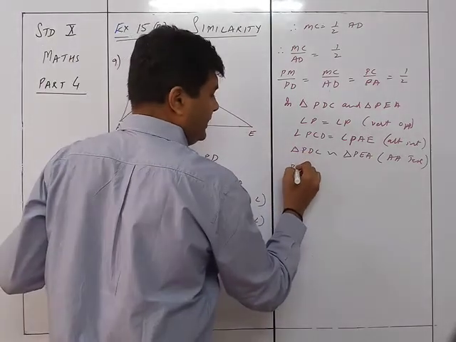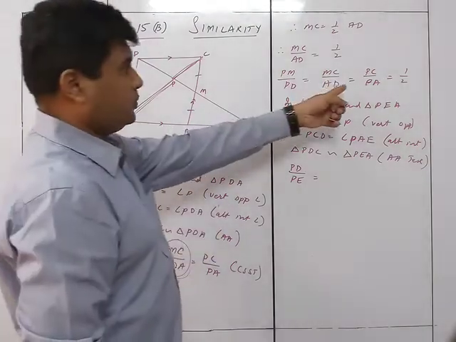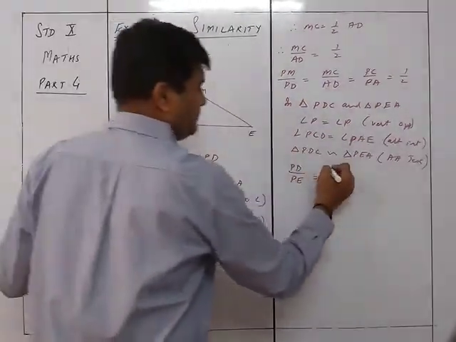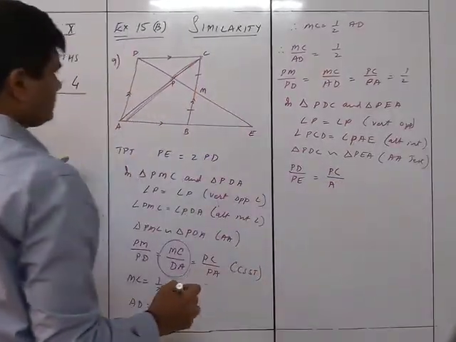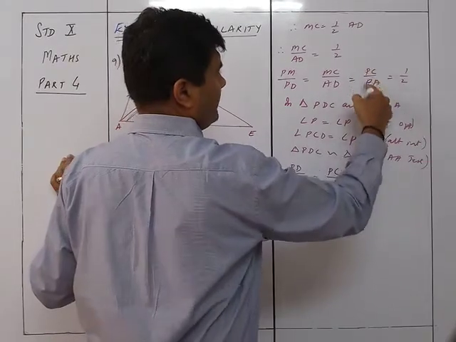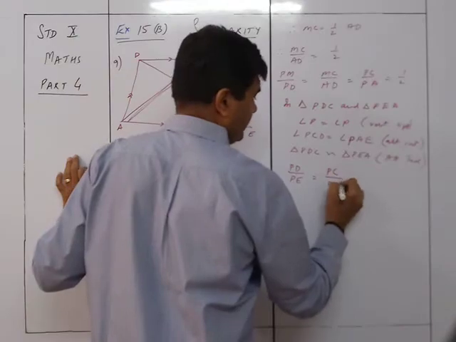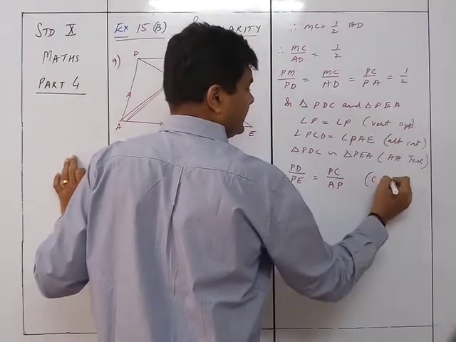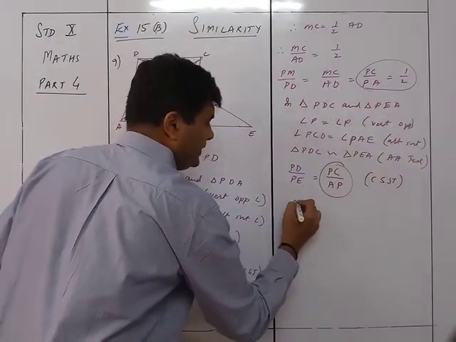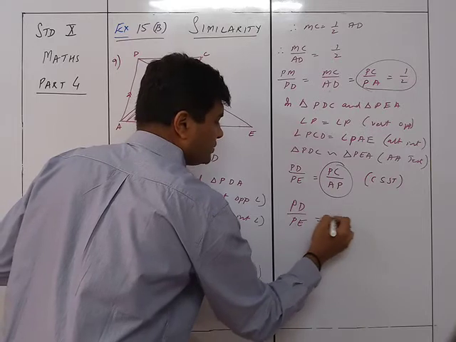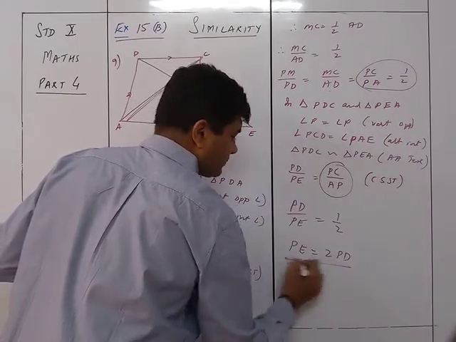So we have PD upon PE is equal to PC upon AP, CSST. But this thing is nothing but 1 upon 2. So PD upon PE is equal to 1 upon 2. Therefore PE is equal to 2 PD. Hence proved.